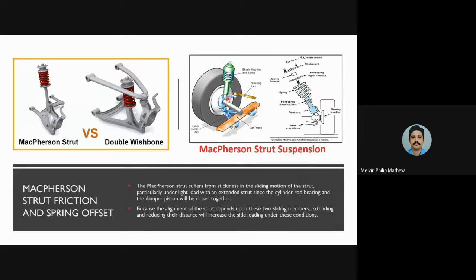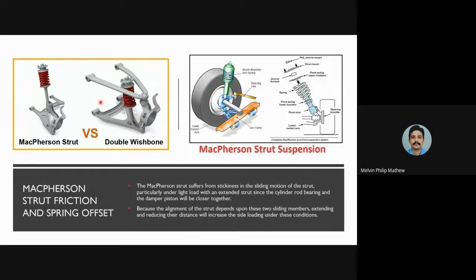So in front wheel drive, the drive is occurring in the front wheels. The engine is directly coupled to the front wheels of the vehicle. That is what is known as front wheel drive. When such an arrangement is given, a MacPherson strut suspension is much more efficient than a double wishbone. In a double wishbone, you can see this coil spring comes in between.